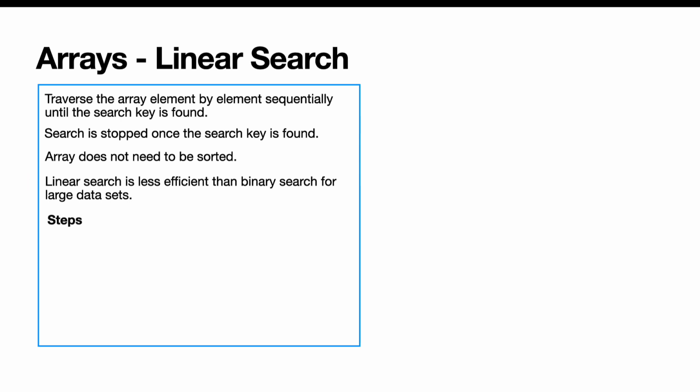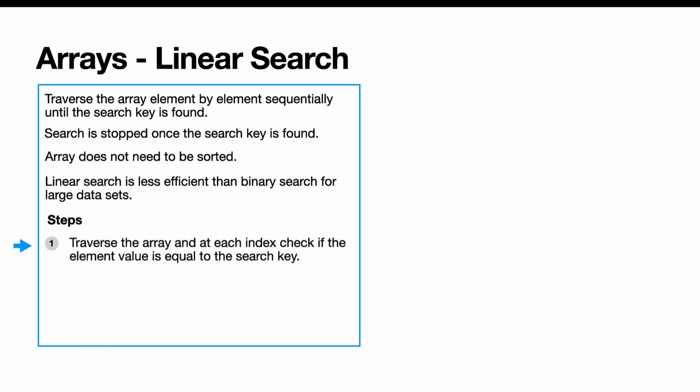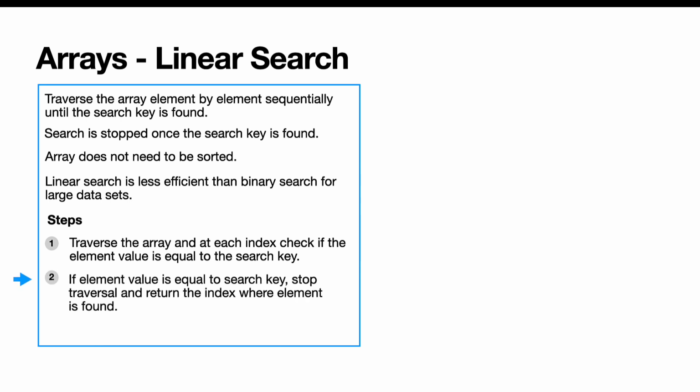Let's now look at the steps of the linear search algorithm. First, we traverse the array starting from index 0. At each index, we compare the value of the element at that index with the search key. If the value of the element is equal to the search key, then we stop the traversal and return the index where the key is found.